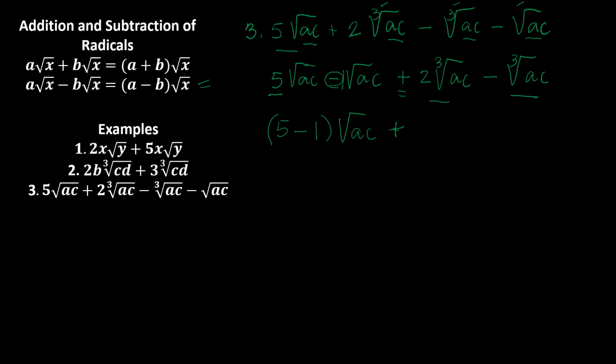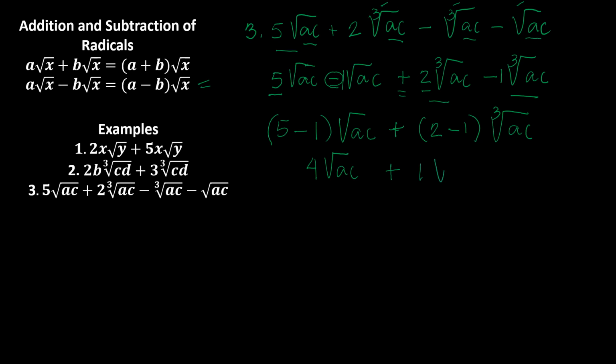So, ganun din. Subtract lang din natin yung numerical coefficients na 2 and 1. Yan. So, 2 minus 1. And then, copy natin yung common radical na cube root of AC. Yan. Then, simplify na natin. 5 minus 1 is 4. Then, copy square root of AC. And then, 2 minus 1 is 1.